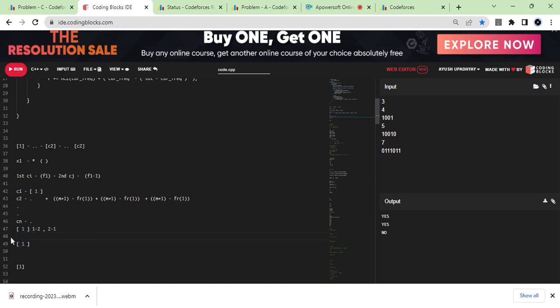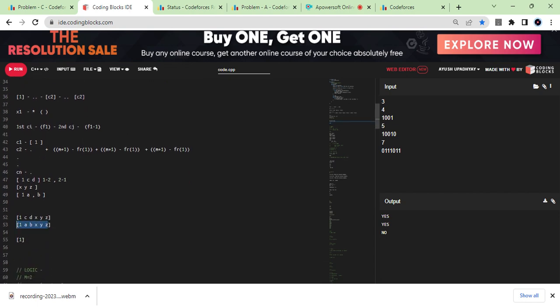When you count this one with this, and when you count one with that, there can be some elements, let's say A B, and there can be some other elements, let's say C D. A and B, C, D are obviously different, and there is some array which does not have one, X, Y, Z. So when you combine this array, the middle part X, Y, Z, with the first one, it becomes 1 C D X Y Z, which is different from this array when it combines with A B X Y Z.